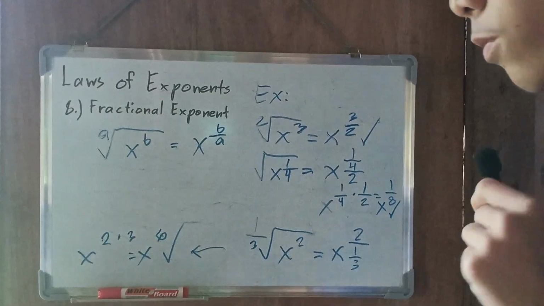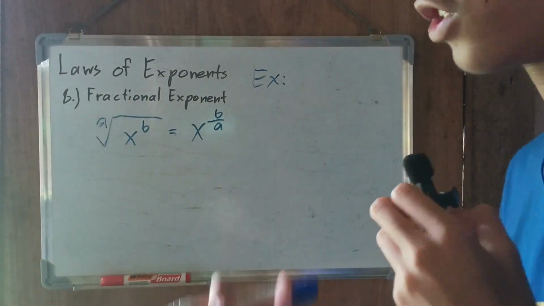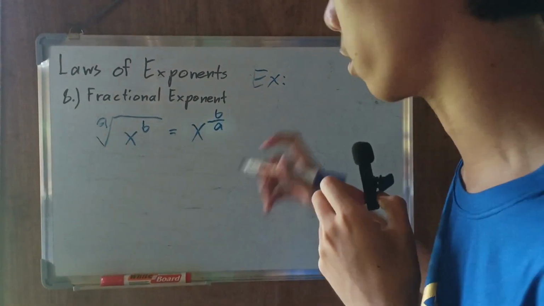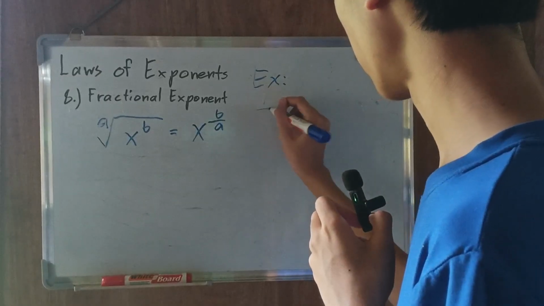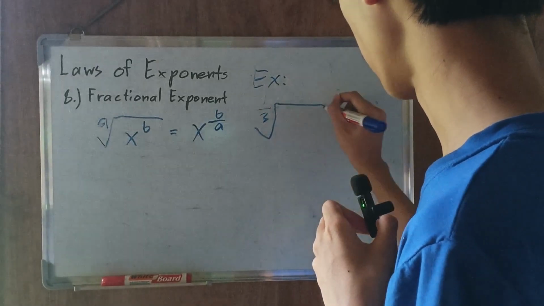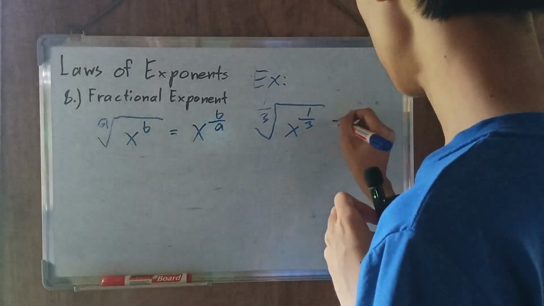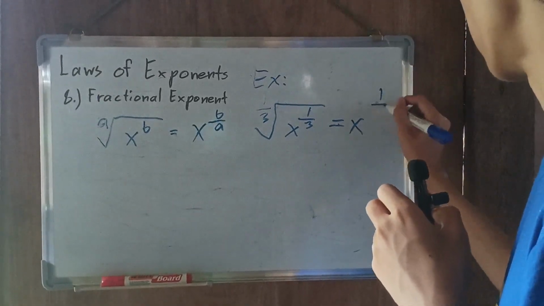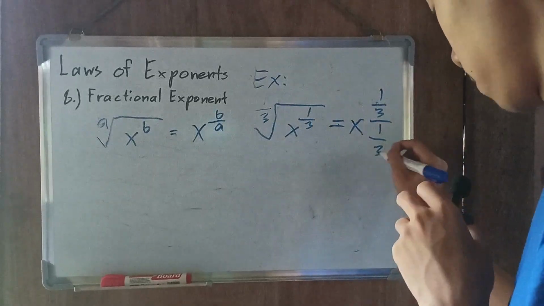Okay, now I'm going to give you even more examples. What if the index itself is a fraction, while the raised power is also a fraction? So I'm going to put the 1/3 square root of x to the 1/3. This means x, and then 1/3 over 1/3.